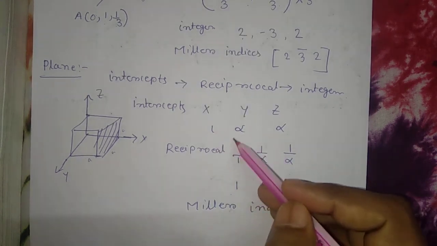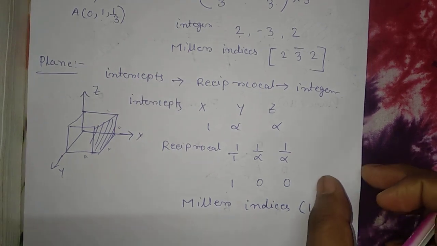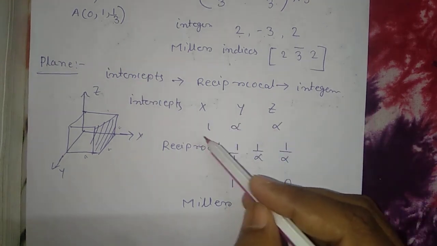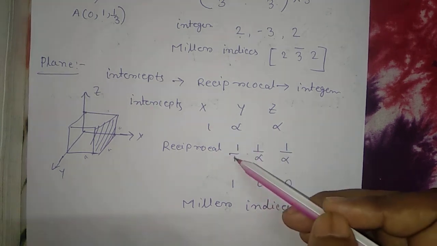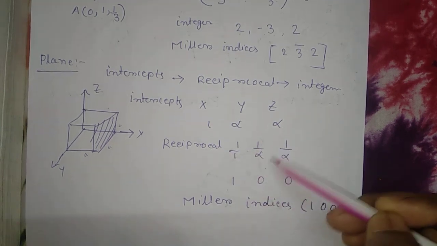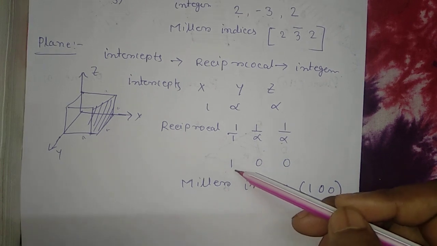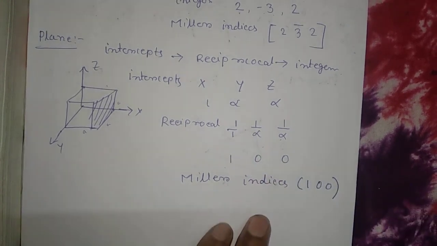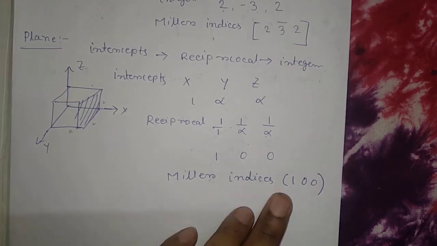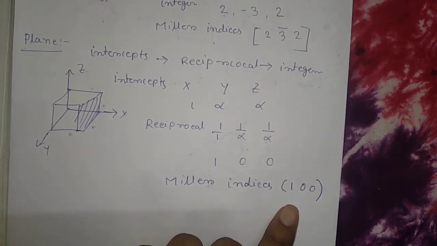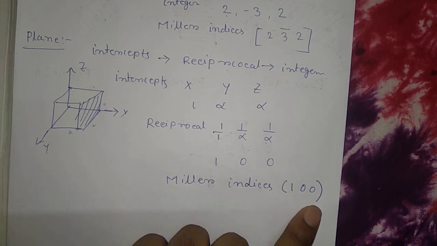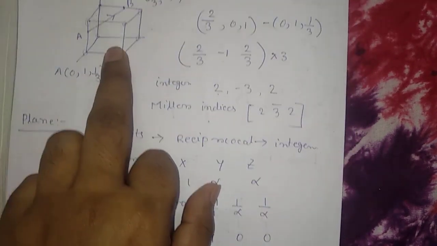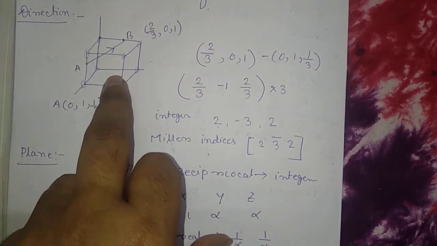Now the second part of calculating the Miller indices is taking the reciprocal of the intercepts. The reciprocals will be 1 by 1, 1 by infinity and 1 by infinity. You get 1, 0, 0. In this case the Miller indices will be in round brackets: (1, 0, 0). This represents a particular plane, and the other notation represents a particular direction in Miller indices.